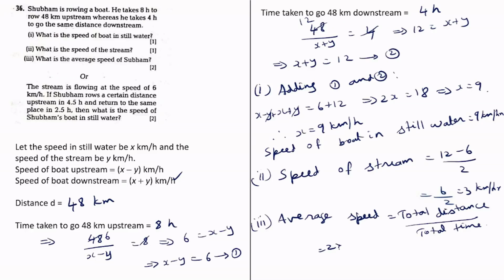So it is 2 into 48 upon total time, which is 8 plus 4. So it is 2 into 48 upon 12. So this is 4. This is equal to 8 km per hour. So the average speed is 8 km per hour.